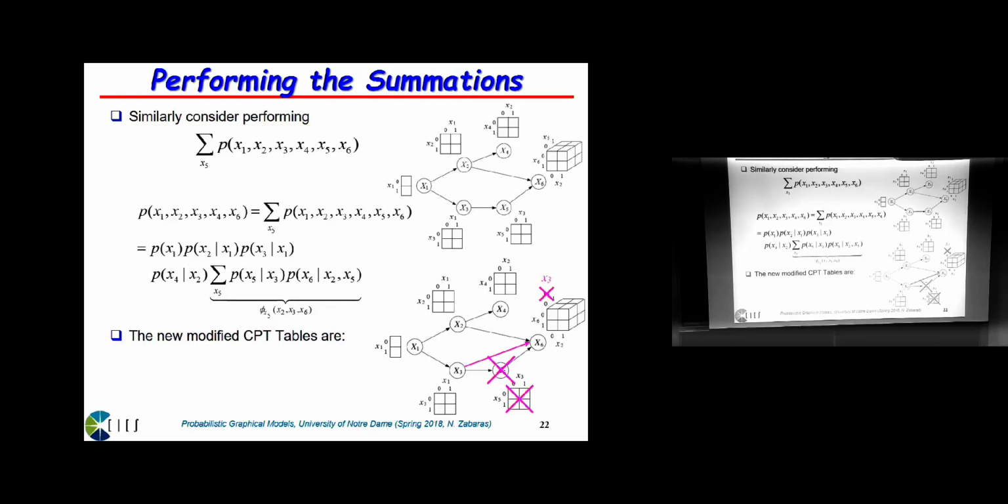So this is the original graph, and it tells you all the conditional probabilities that define the distributions in this graph. You notice this is x3 given x1, x5 given x3, but here you have two parents, so this is a table x6 given x2 and x5. It's a three-dimensional table.